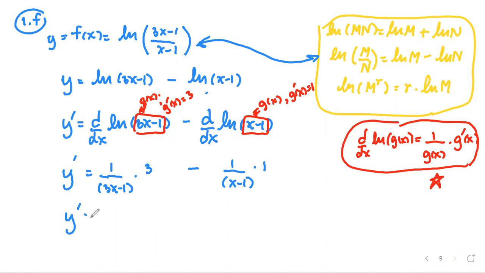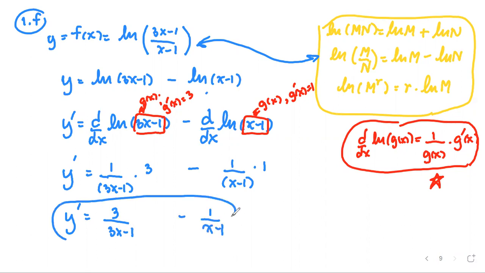Next step, we're just going to rewrite it in a better form. The first group becomes 3 divided by 3x minus 1, and the second term becomes 1 over x minus 1. And this is your derivative for the function y equals natural log of the quotient (3x minus 1) over (x minus 1).